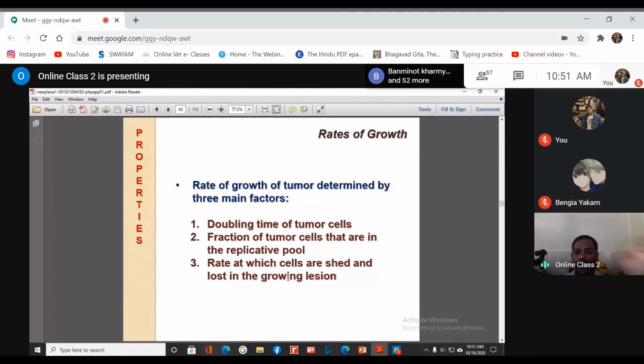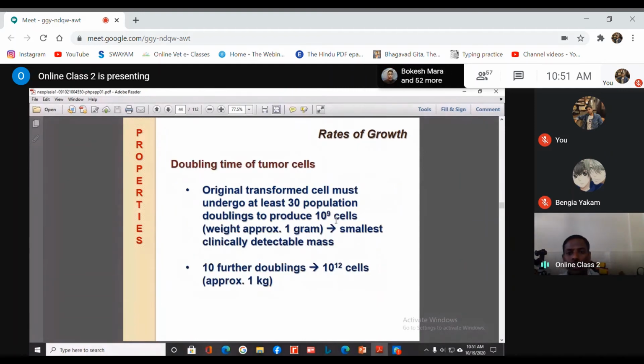So there are three important features. One is doubling time. What do you mean by doubling time? It refers to the amount of time required for a single cell to develop into two cells. That means one mitosis has to take place. That is what you normally call doubling time.